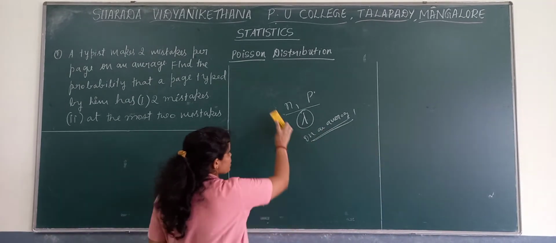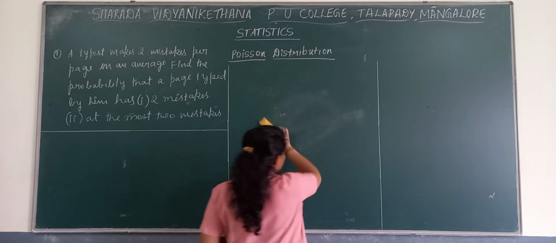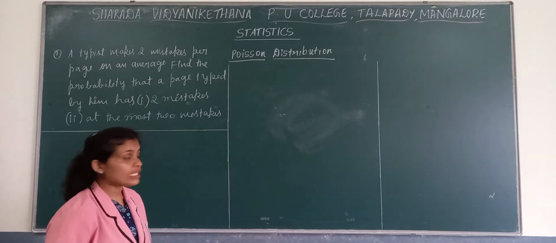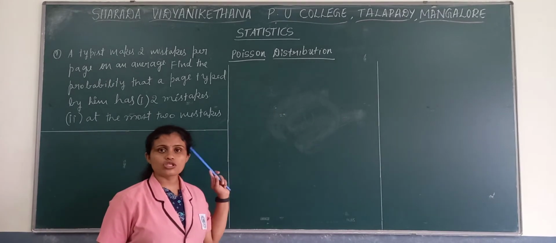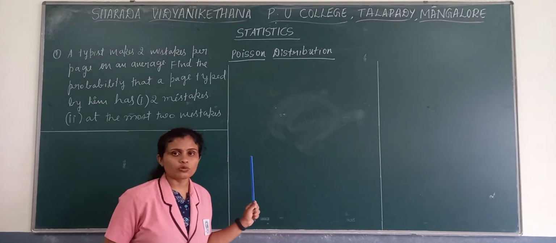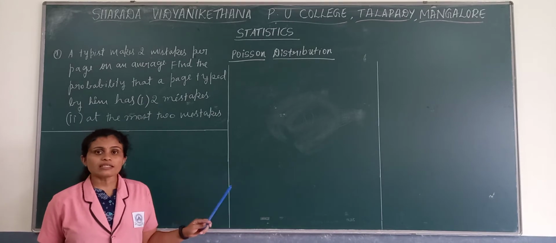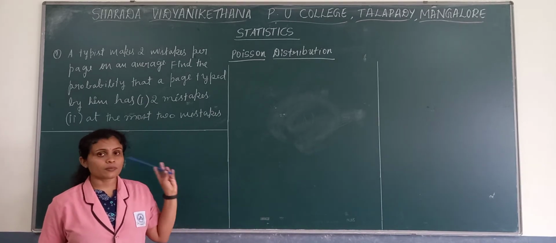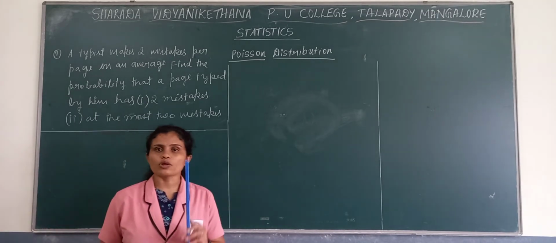The first problem we'll see. As I said, here n won't be there. Here also there are problems like at most, at least, or exactly 1, exactly 2, or more than 2. The difference between binomial and Poisson comes in the case of more than 2.